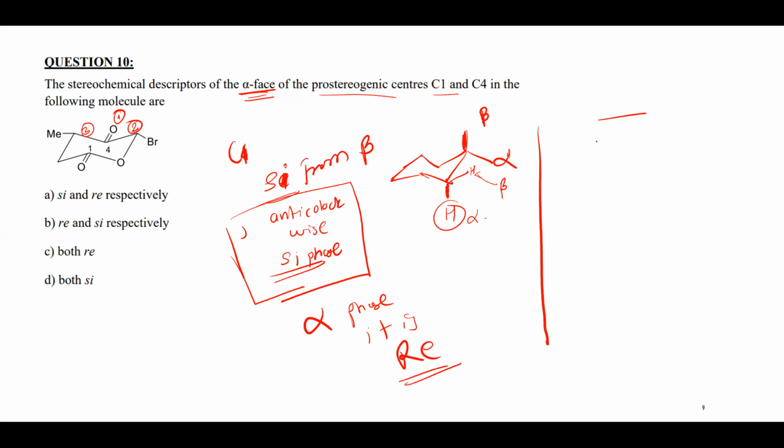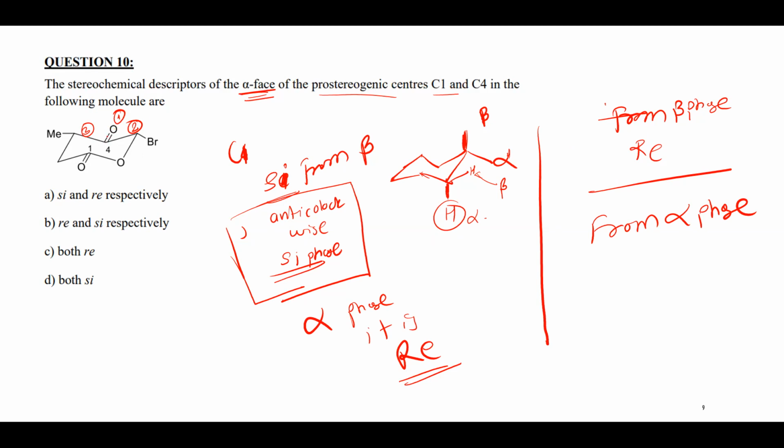It is Re from the beta face. But from the alpha face, if you're not able to imagine from the bottom side, just try to visualize from the upper side and reverse the configuration whatever we got.